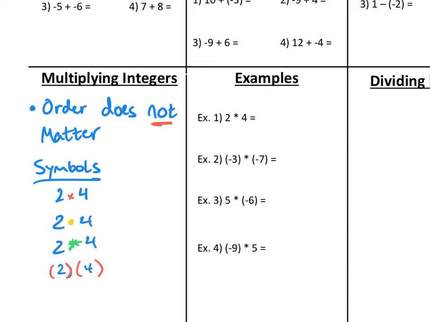They could actually do parentheses around one of them, or it could be the other way. All right, but what you need to know is that each one of these is a different way to represent multiplication. Y'all got it? Okay, so there it is.